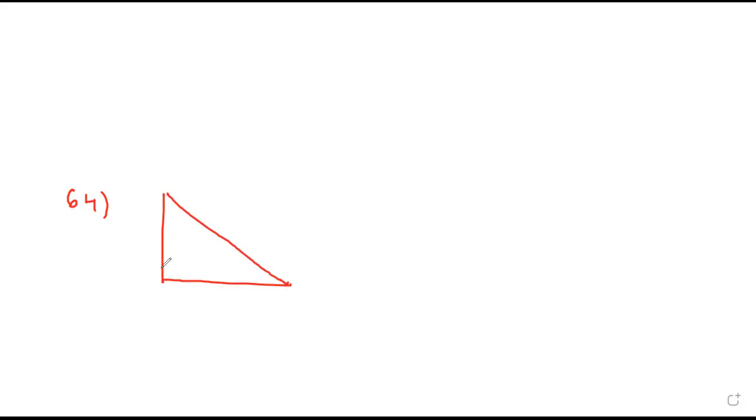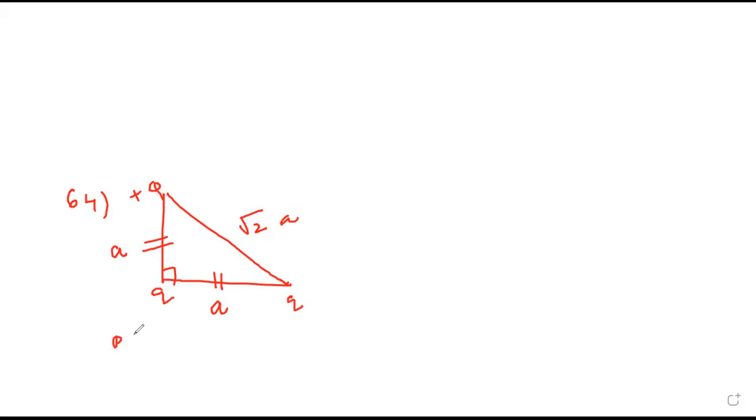This is an isosceles right angle triangle. That means this is a, this is a, this distance is root 2 a, charges placed are plus q, q and Q. What is that Q value if the total energy is zero?